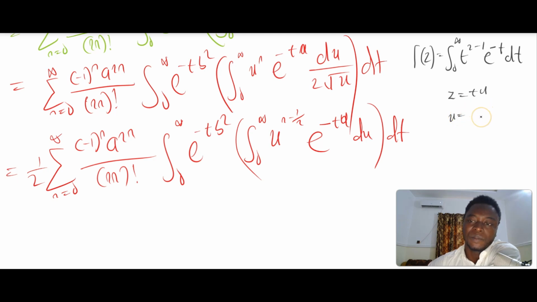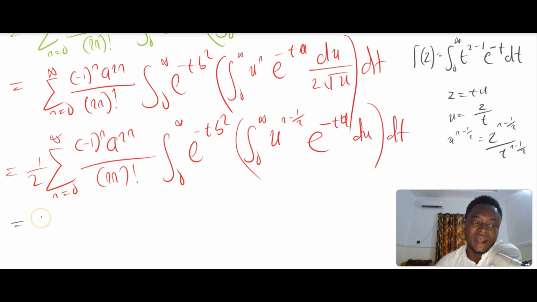So essentially u here would then become z divided by t. So u to the power of n minus half would be z to the power of n minus half, all divided by t to the power of n minus half. So we are going to factor that dt.